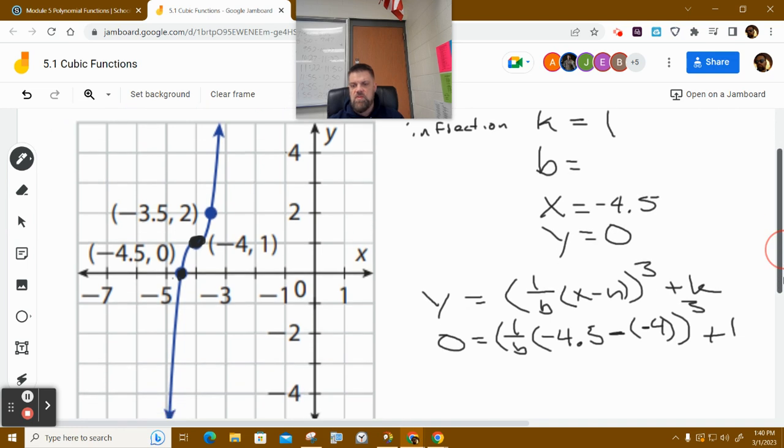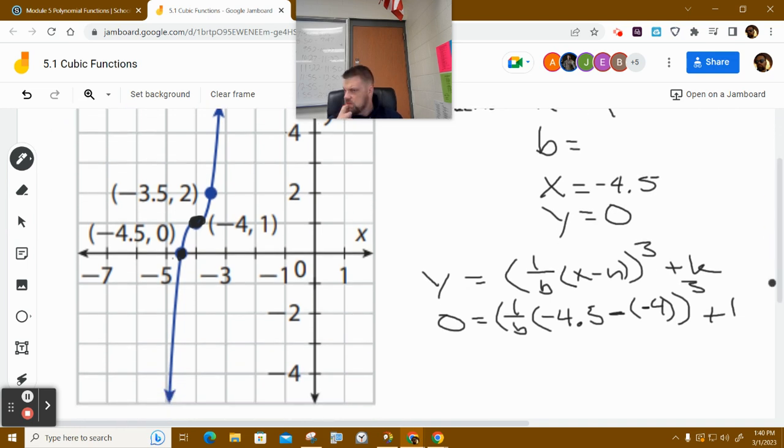You guys with me so far? Am I going too fast? So now, before we move any further, notice I have all numbers in one variable b, which means I can solve this and make it look like b equals some stuff. That's why I need to know all those values for all those other variables. So anyways, when you minus a minus, it becomes a plus.